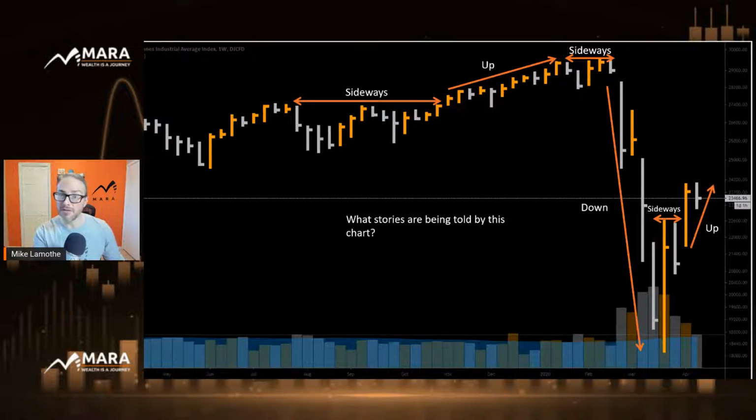Part of the theme we're using is that there are stories being told by the market, and price is a main character, volume is a pretty strong supporting character, and together they're telling the story of hope, fear, greed. Which way is price moving?